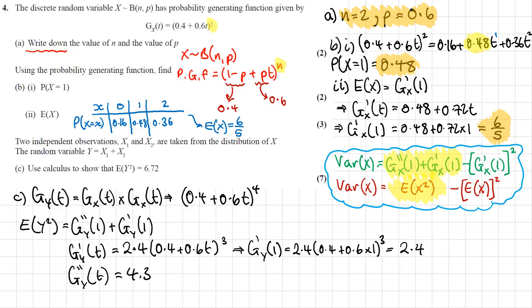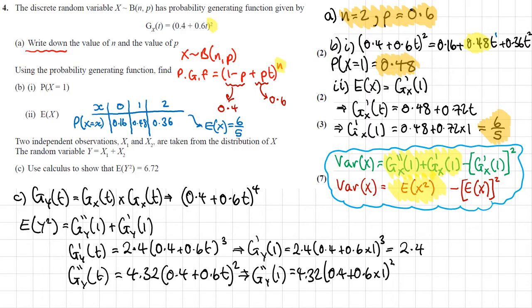The inside doesn't change, so it's 0.4 plus 0.6t, and then the power goes down to 2. Let's now substitute 1 into that: 4.32 times (0.4 plus 0.6 times 1) all squared. Just like the last bit, the brackets make 1, so we're just left with 4.32.